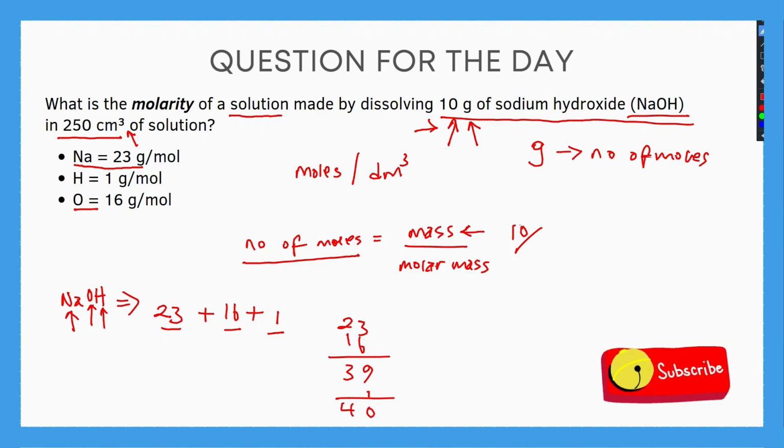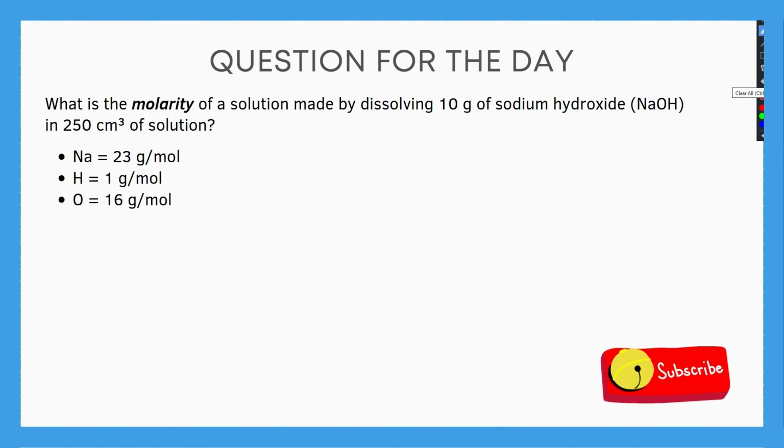So this becomes mass, which is 10, divided by the molar mass, which is 40. 10 divided by 40 is 0.25 moles.